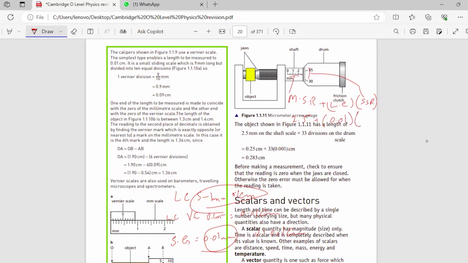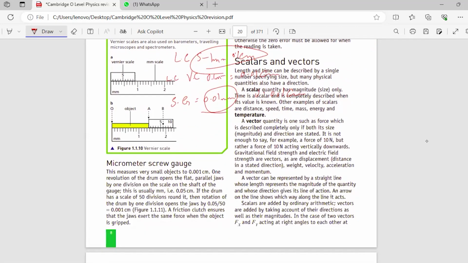Into the screw scale reading, the reading coinciding with the zero line is between 30 and 35, that is 33. So this comes to be 2.83 millimeters. And if we have to convert that into centimeters or millimeters, we must use the standard values.